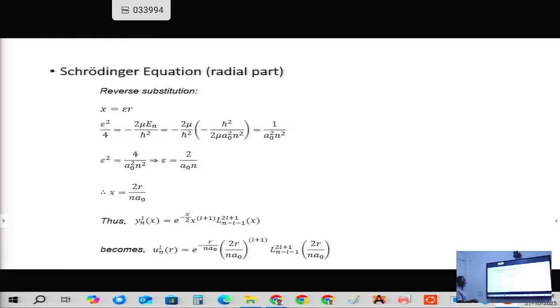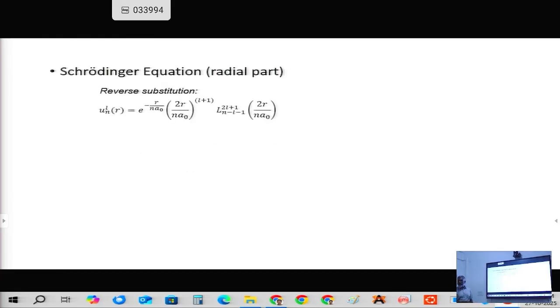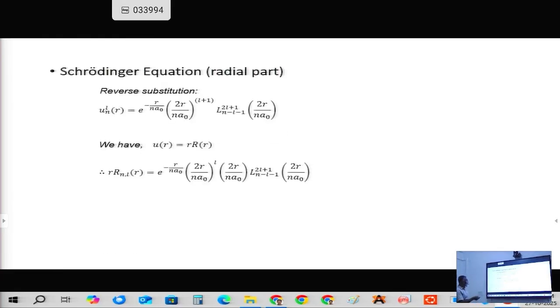But this is not the end of it, because this is in terms of u, and we know that u is r of r. Now again, reverse substitute. So R of r is this term, and you need to write this expression for R of r.